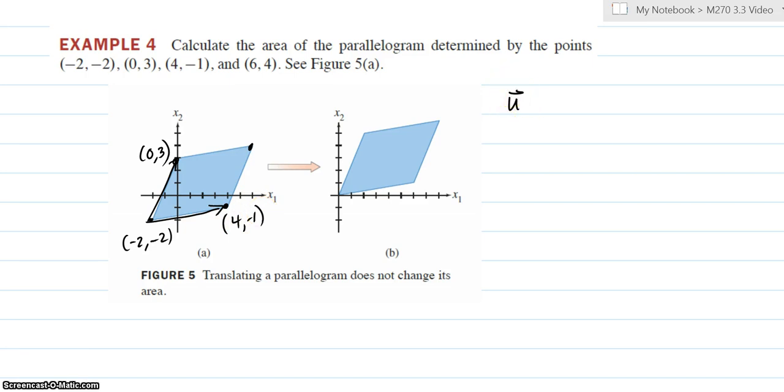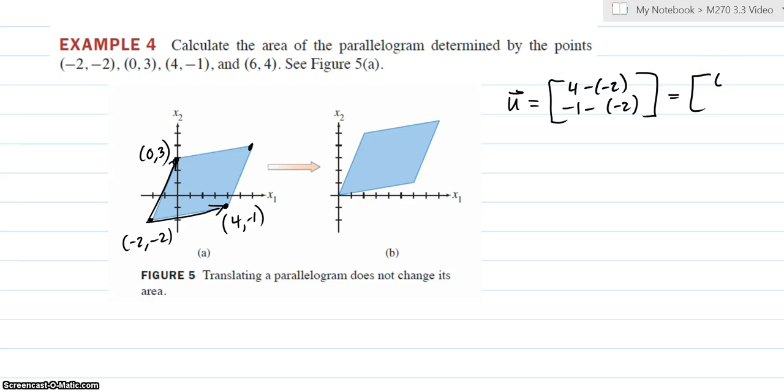So I'm going to call U my vector. And what that's going to be is this distance here. The x-coordinate is going to be 4 minus -2, and the y-coordinate will be -1 minus -2.